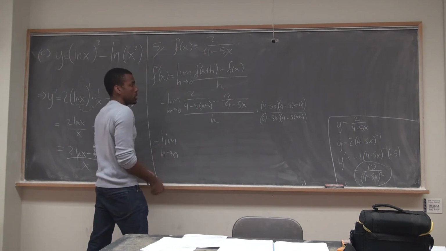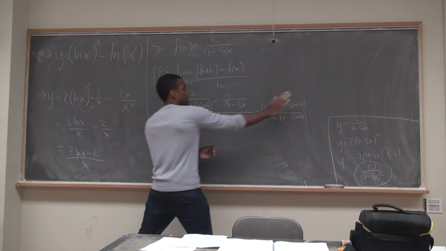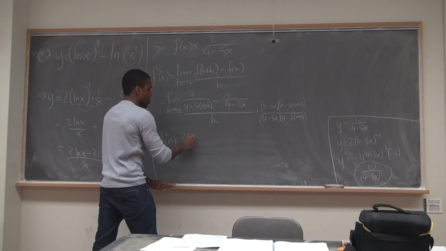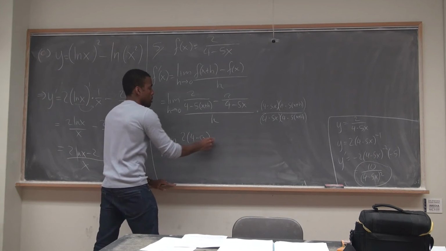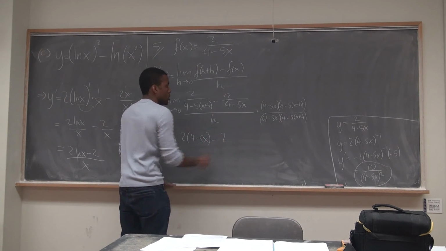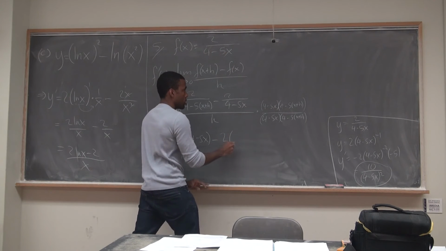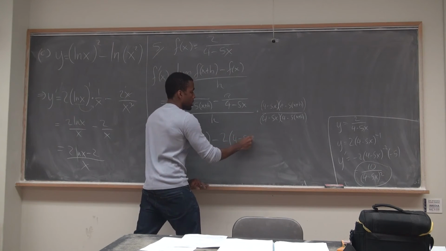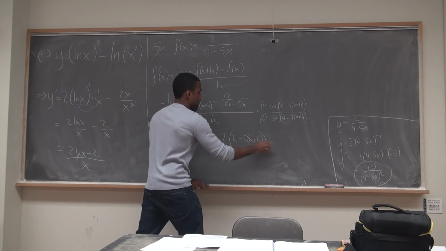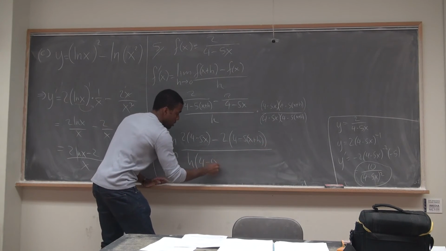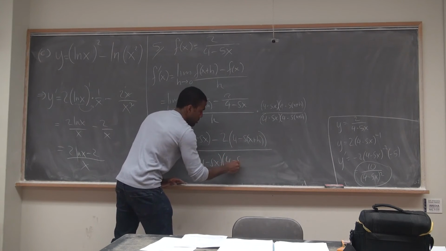Keep the limit because I didn't take it yet. Multiply out. In the first one, this guy's going to cancel. I'm going to be left over with that. So I have 2 times 4 minus 5x minus 2. In the second one, this guy's going to cancel. So I'm going to be left with 4 minus 5x all over h times 4 minus 5x times 4 minus 5x plus h.